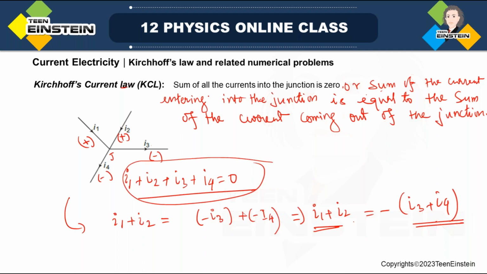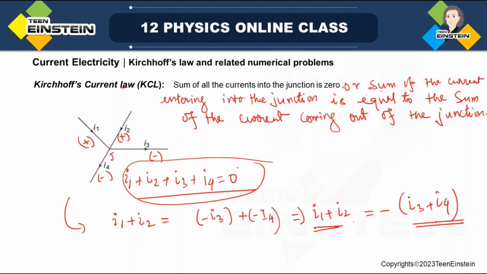One is the algebraic sum of all the currents at any junction is zero. And second, the sum of all the currents entering into the junction will be exactly equal to the sum of the currents coming out of the junction. Okay, so far it is good.